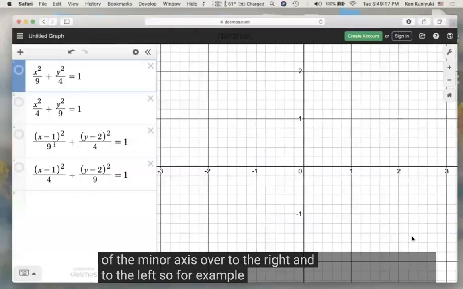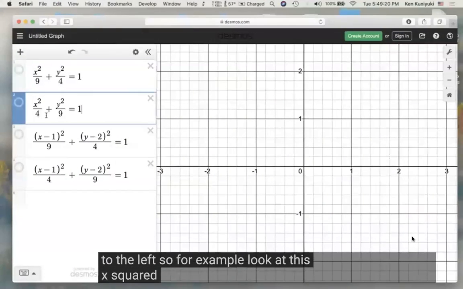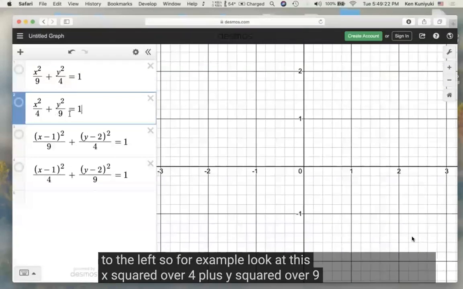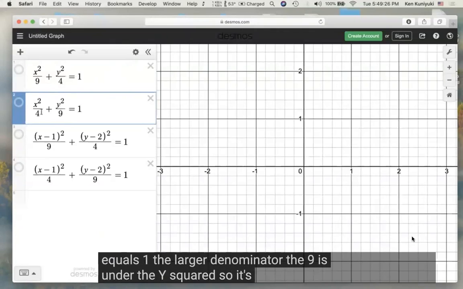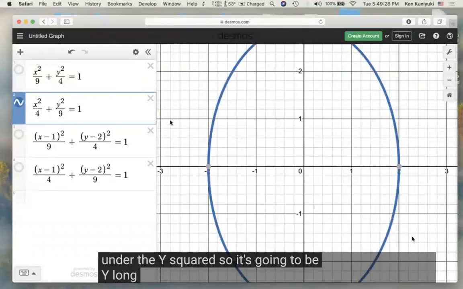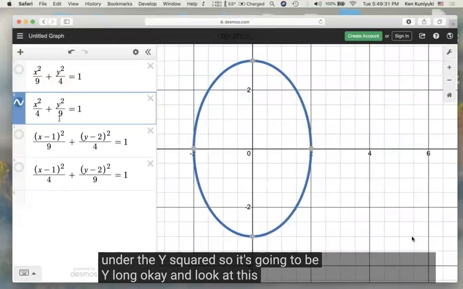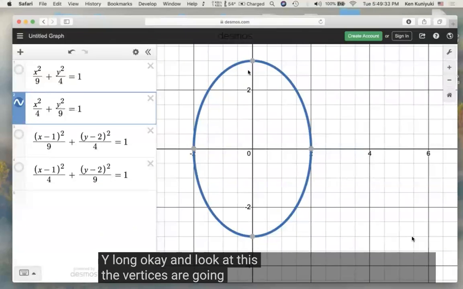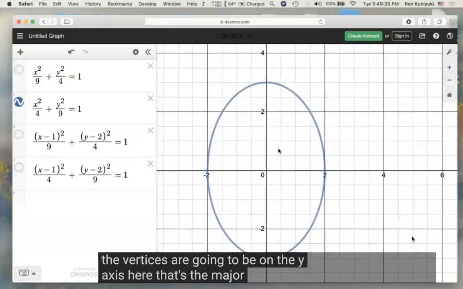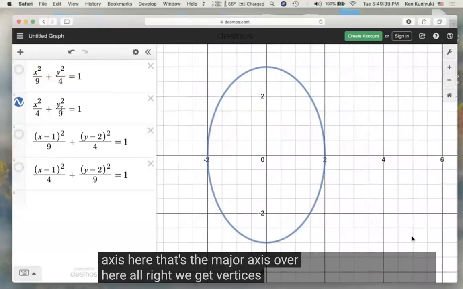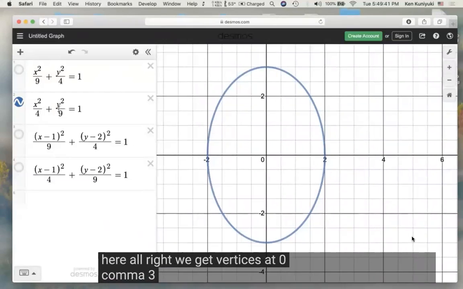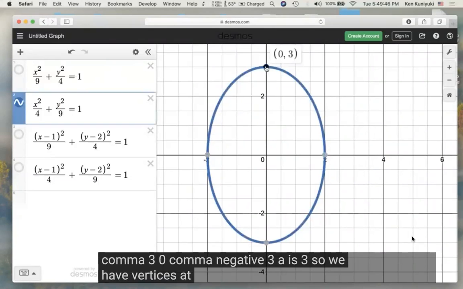So for example, look at this. X squared over 4 plus y squared over 9 equals 1. The larger denominator, the 9, is under the y squared, so it's going to be y long. The vertices are going to be on the y-axis here. That's the major axis, right? A is 3, so we have vertices at 0, 3 and 0, negative 3.